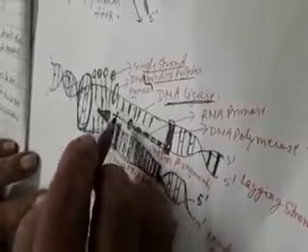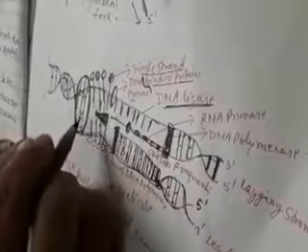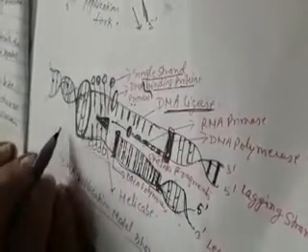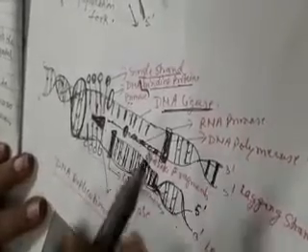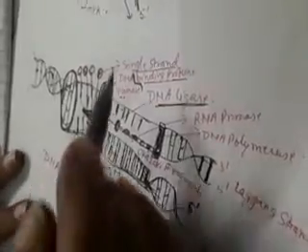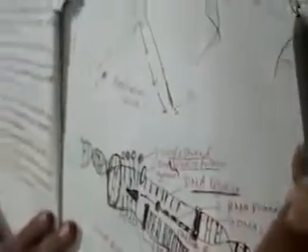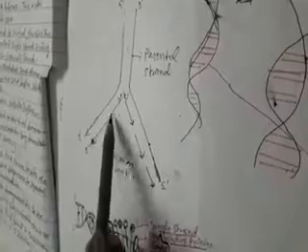DNA polymerase adds deoxynucleotides to the free 3' end of the growing polynucleotide chain. So the replication of the 3' to 5' strand is continuous.